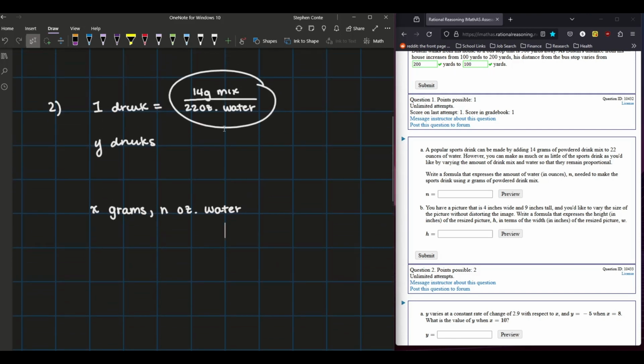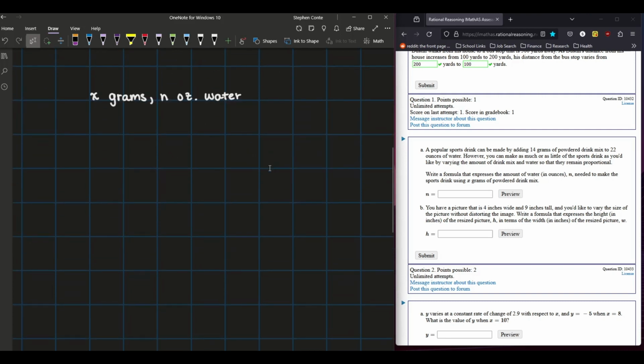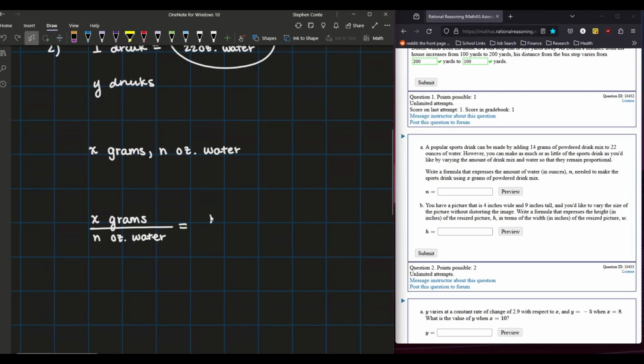So all you got to do is, well, I know that 14 grams of mix over 22 ounces of water maintains one drink. So let's say X grams over N ounces of water is equal to 14 grams of mix over 22 ounces of water.